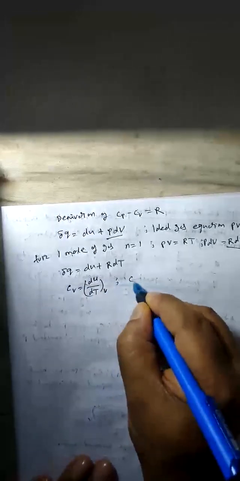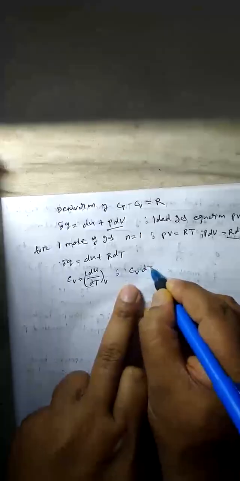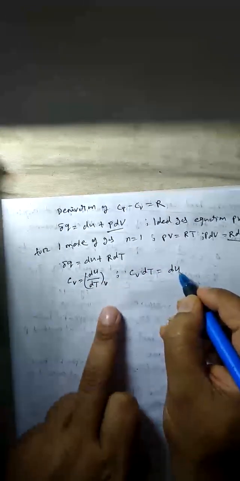We know that Cv is equal to dU by dT at constant volume, then Cv dT is equal to dU. So in this dU I can write Cv dT. So my del Q is equal to Cv dT plus R dT.